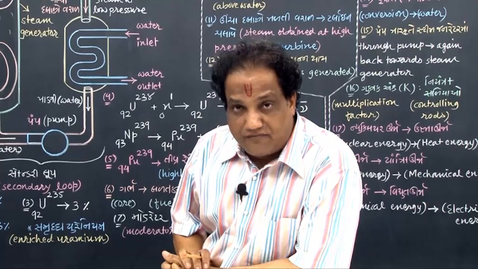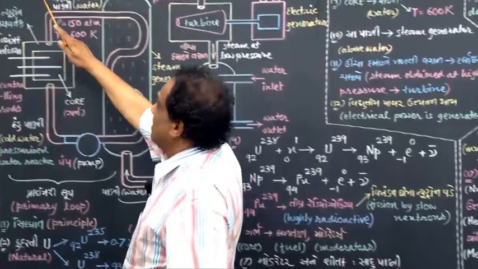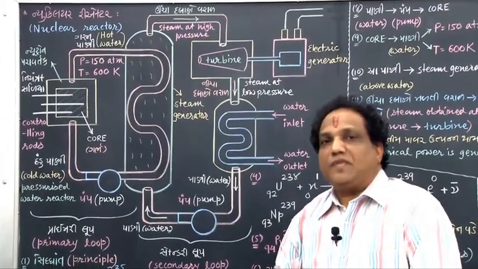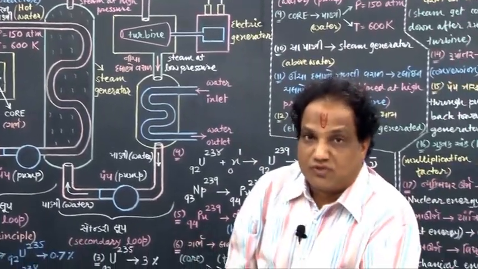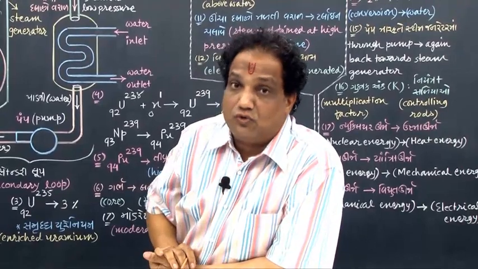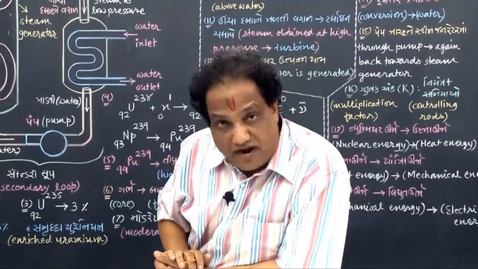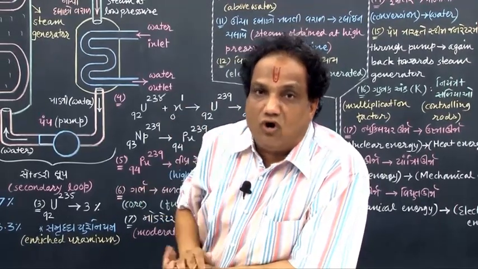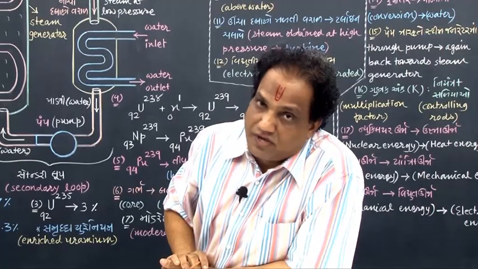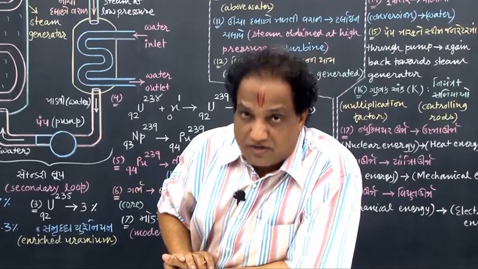It's very interesting, very important also, about the nuclear reactor. See, in our syllabus we have to study about that nuclear reactor which is used in a power plant, and here in the figure you will find the line diagram of that nuclear reactor, using which we produce electrical power.